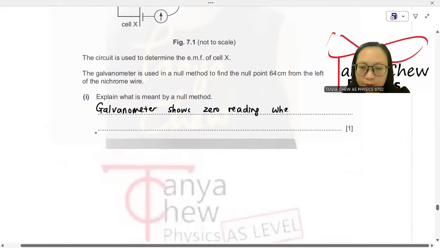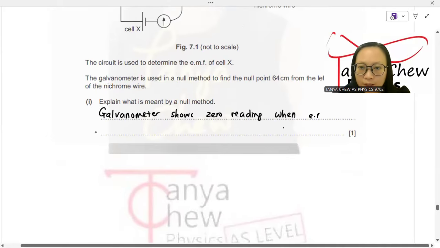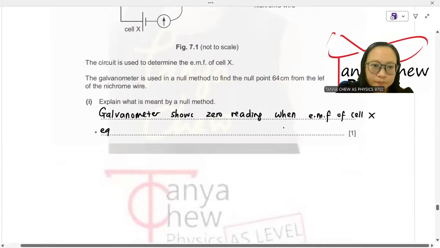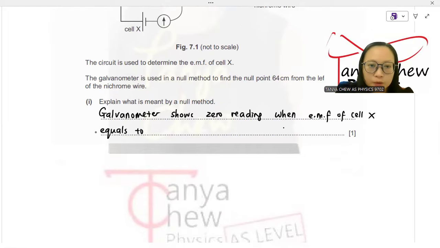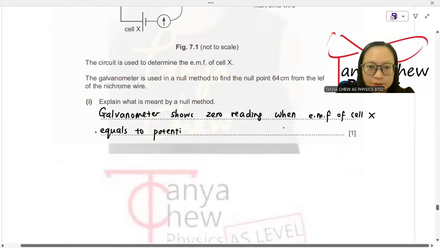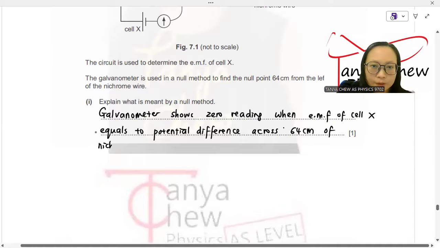And then when EMF of cell X equals potential difference across 64 cm of nichrome wire. That's the answer.